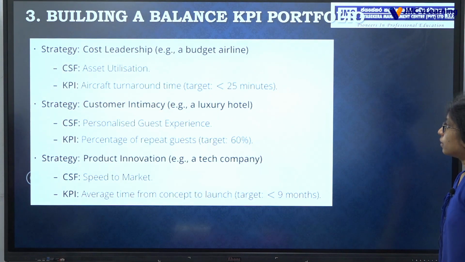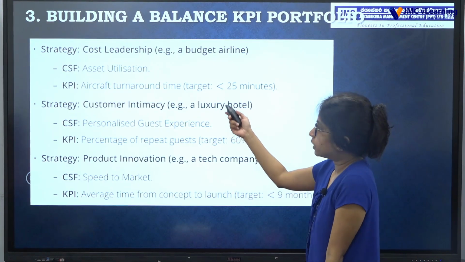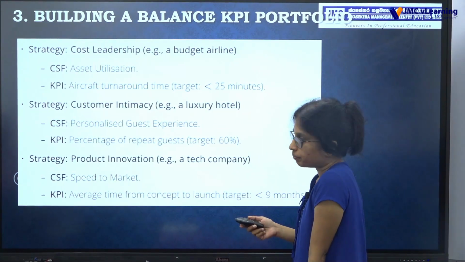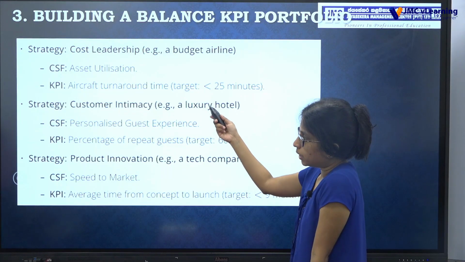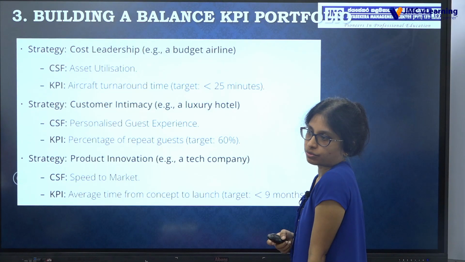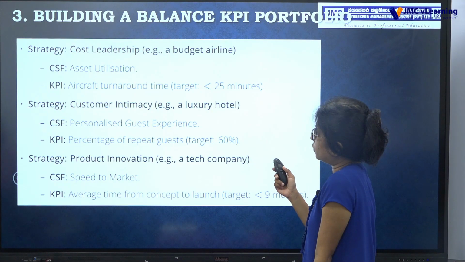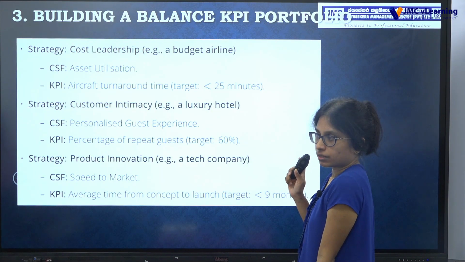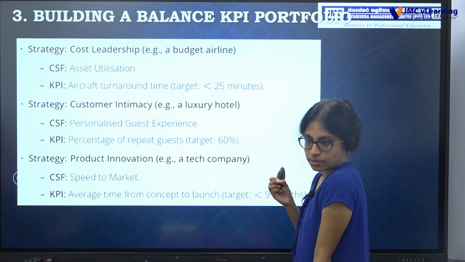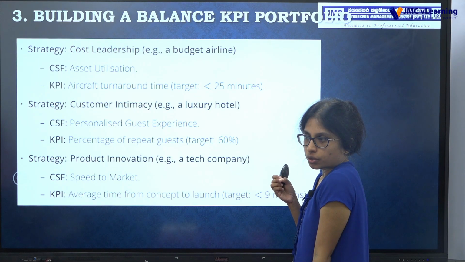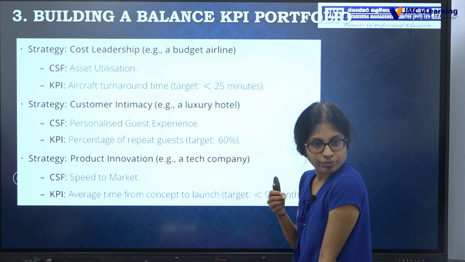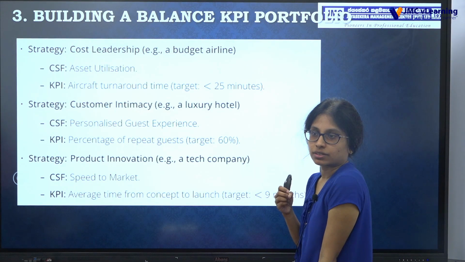Here, CSF should align with the strategy. There has to be a KPI attached to the CSF. Now, for example, cost leadership for a budget airline. Budget airlines like Fritz Airlines don't go for quality, no. That is the cost effectiveness.